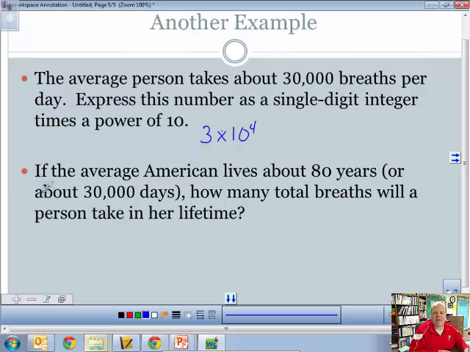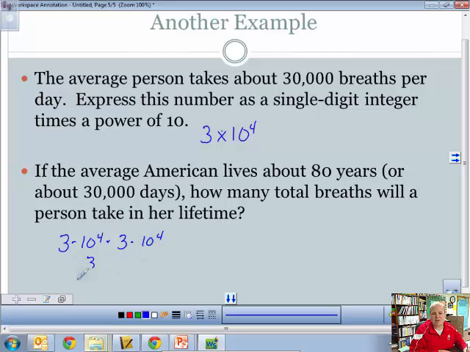It says that the average American lives about 80 years, or about 30,000 days. How many total breaths will a person take in their lifetime? Well, 30,000 days and 30,000 breaths are the same, so I'm going to use the same number. So I have 3 times 10 to the 4th times 3 times 10 to the 4th. Just like we did on the last one, I can use the commutative property.